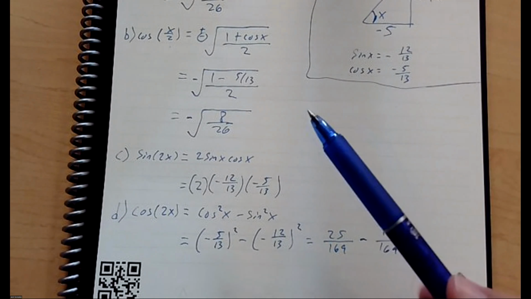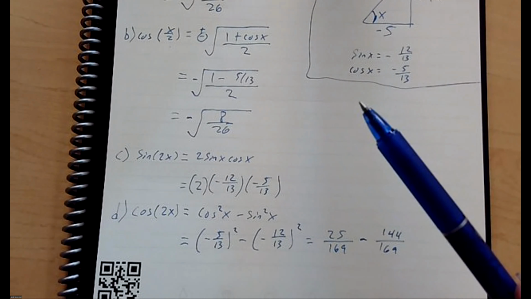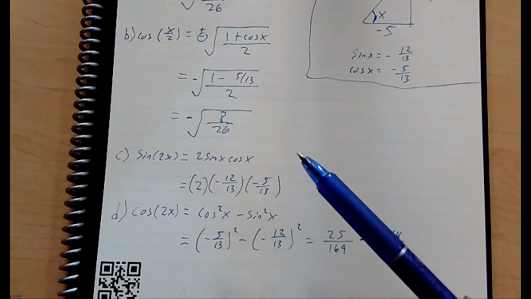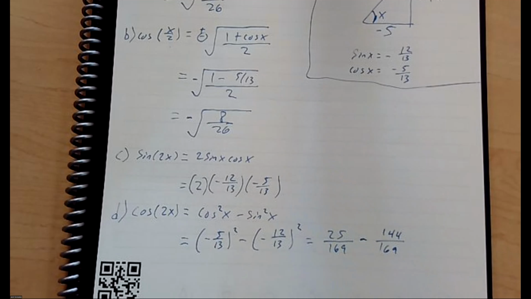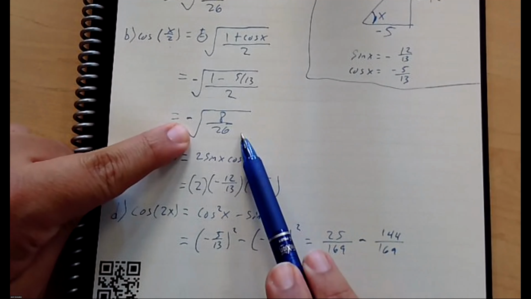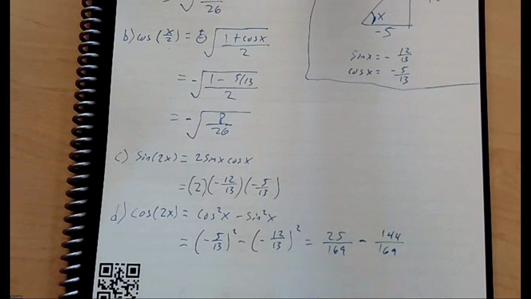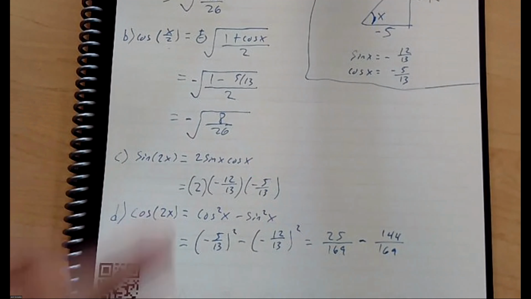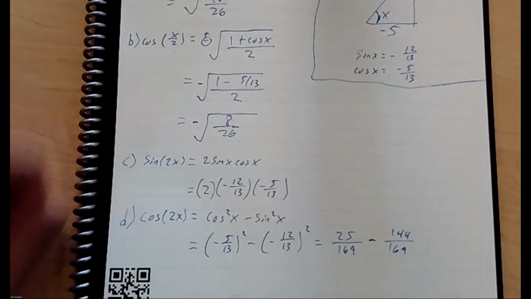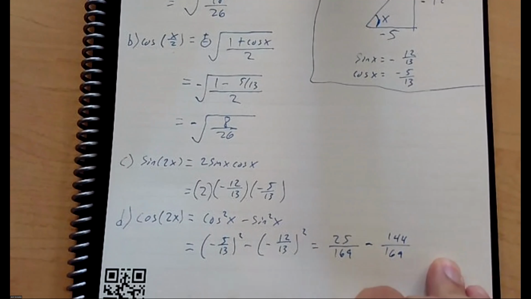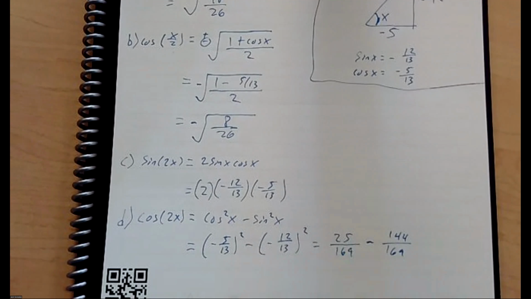I'm not going to be upset if you don't reduce 100%, but I don't want to see decimals everywhere. I'll most likely put in the question the exact solution. Remember, exact means something like this, and non-exact would be an approximation, which is what your calculator would give you. But if you stopped here, it'd be cool. That's fine. Any other questions on B, C, or D?